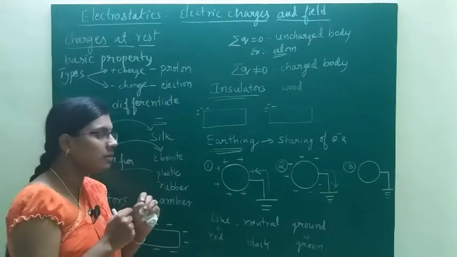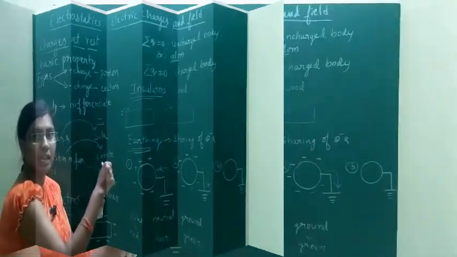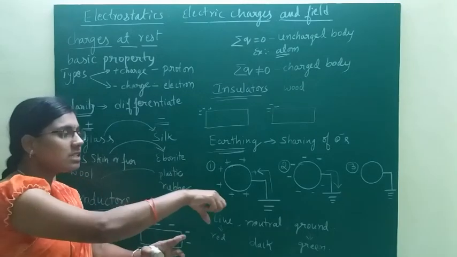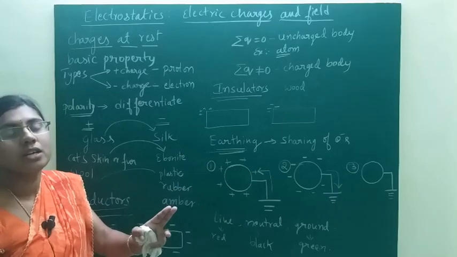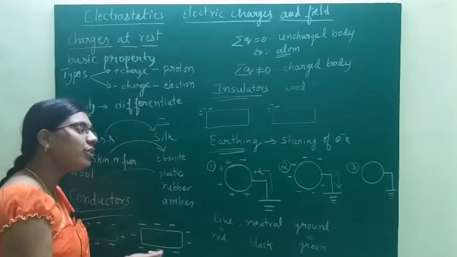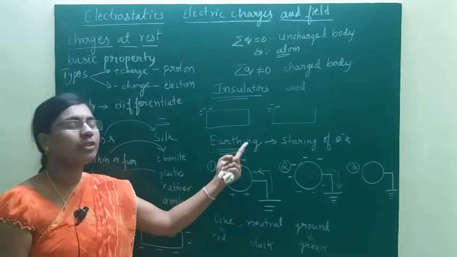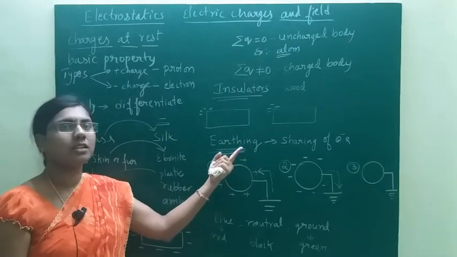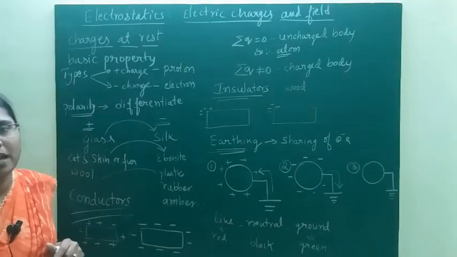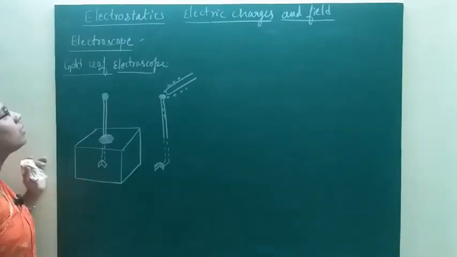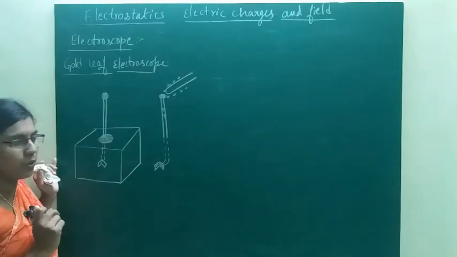So in case the live wire touches the metallic body, immediately the excess charges from the metallic body will flow to the earth through the earth wire. Therefore, our home appliances become safe. So earthing is of very much need as a safety measure in home appliances.